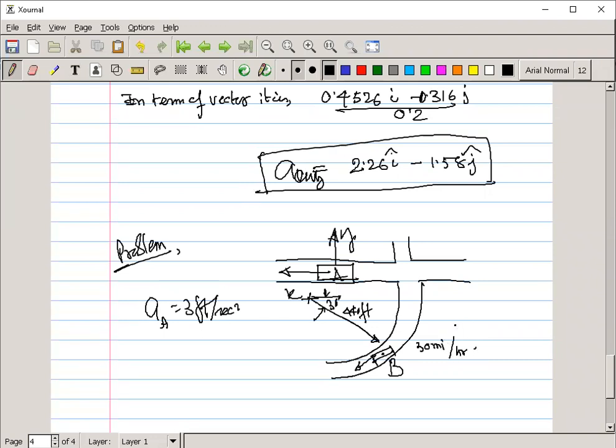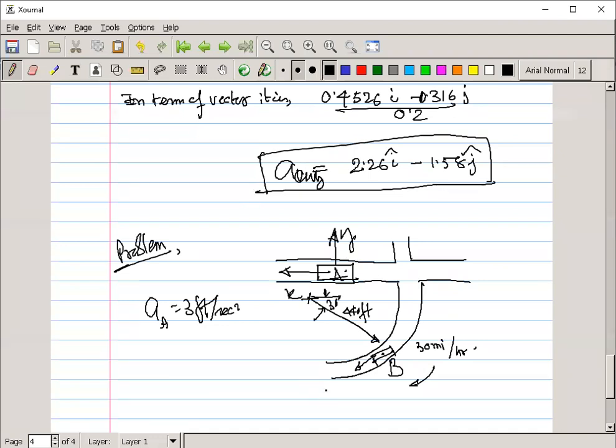Now the question is, determine the velocity and acceleration which car B appears to have to an observer in car A. It means, what are the relative acceleration and velocity observed by car A?